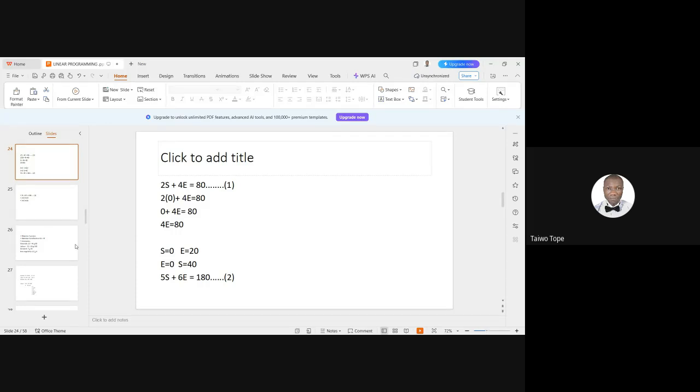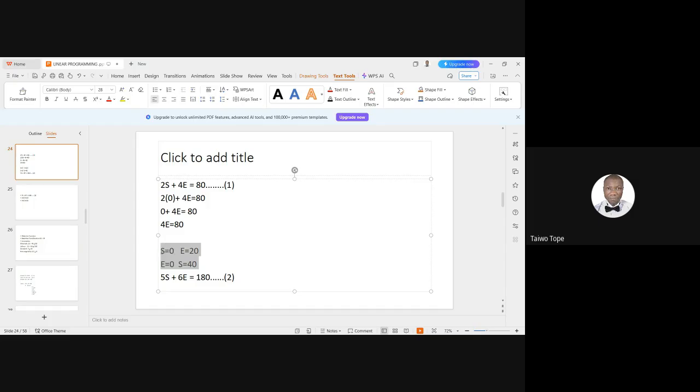For equation 1, for line 1, for example, for labor, this result here: when E is 20, X is what? Yes, when E is 20, X will be 0.